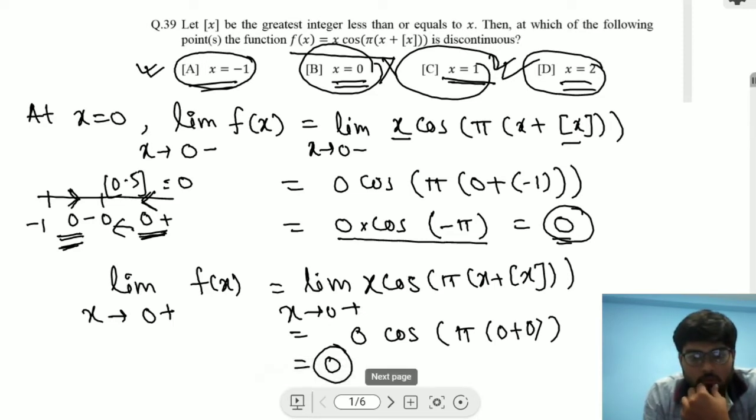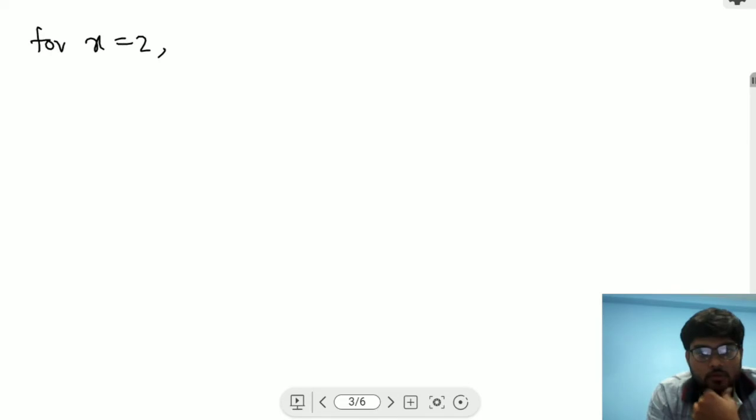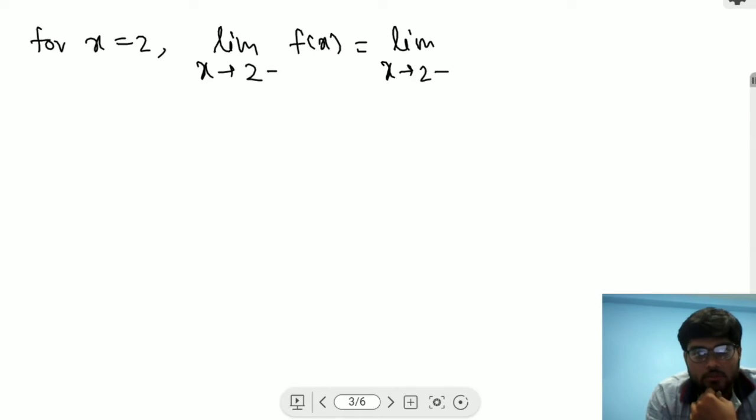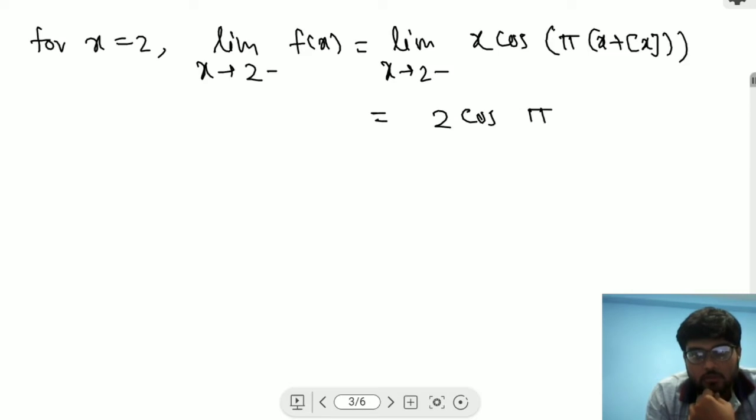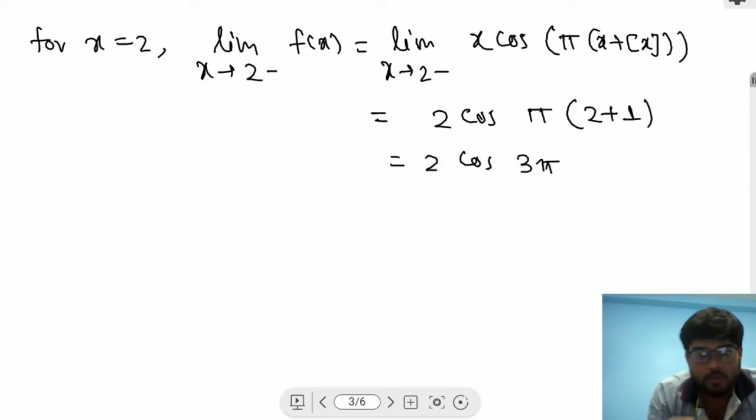So for x equals 2, limit x tends to 2 minus, the left hand limit, f(x) equals limit x tends to 2 minus x cos pi into x plus box x. So 2 into cos pi into 2 plus 1, so this will be 2 cos 3 pi, right?